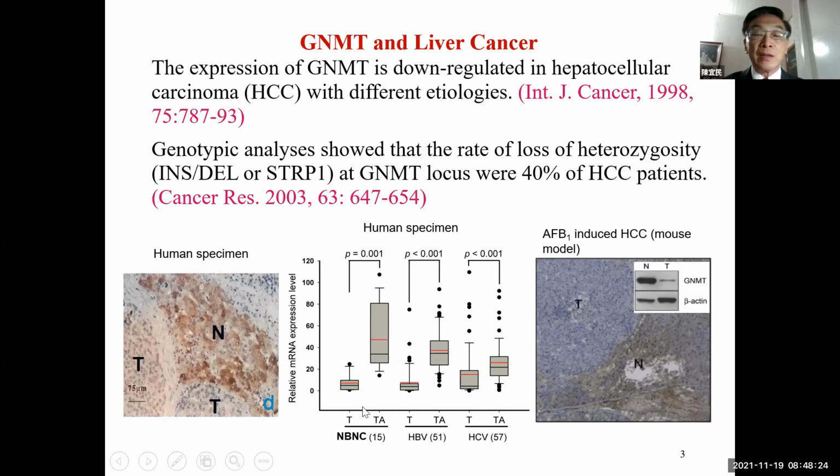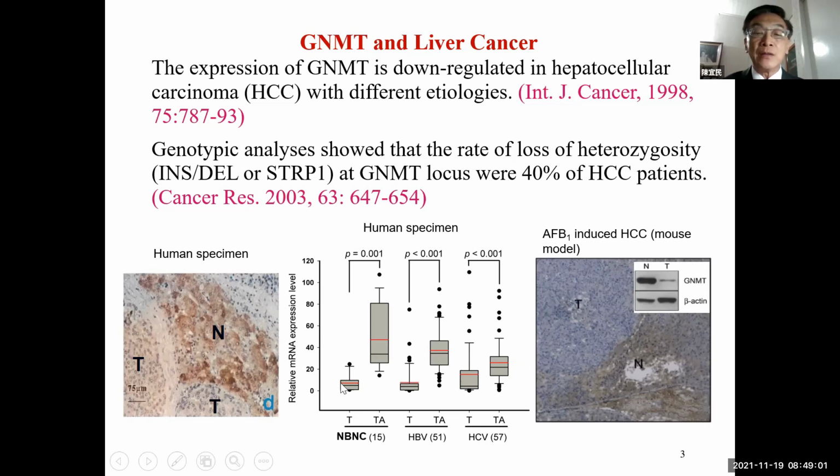And later we used qPCR to compare the expression level of GNMT in hepatocellular carcinoma tissues, that's T, and compared it with the expression in the tumor-adjacent tissue in HCC patients without any hepatitis infection, 51 HCC patients with HBV infection, or 57 HCC patients with HCV antibodies.